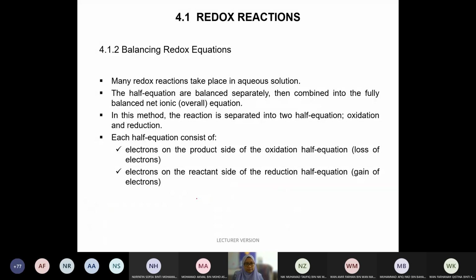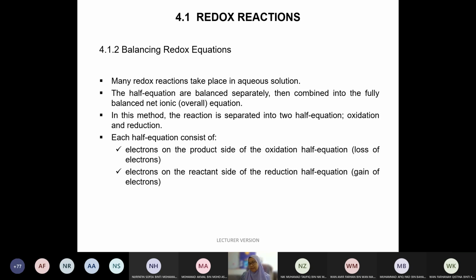Okay, done. Next, moving on to balancing redox equation. Earlier was the introductory part of redox reaction. So this is the real deal that normally I would say 80 to 90% will be coming out in the exam. For topic 4, balancing redox equation in acidic or basic solution.